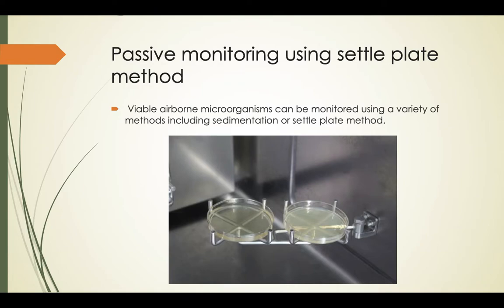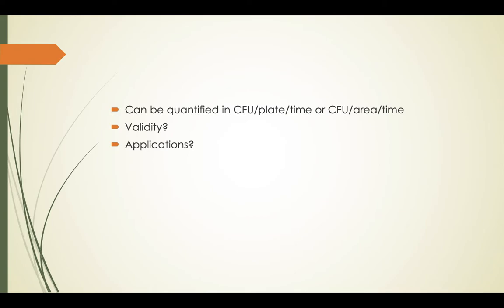Another is in theaters. We can also do monitoring of the microbial load of air in theaters using the gravity plate method. As I mentioned, we can quantify microbes sampled from the air using the gravity plate method. We can express them as CFU per plate per time or CFU per area per time.